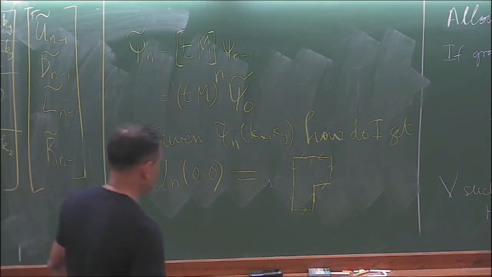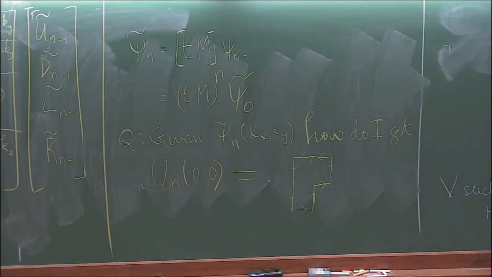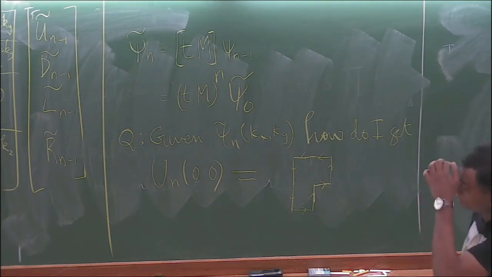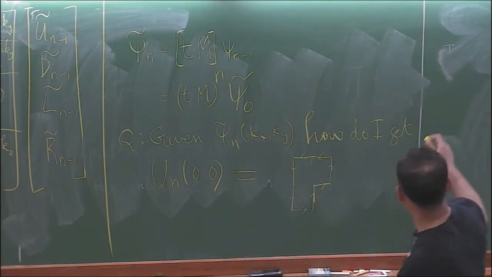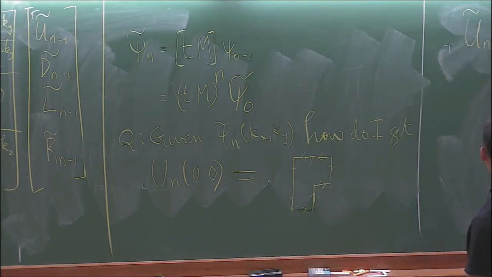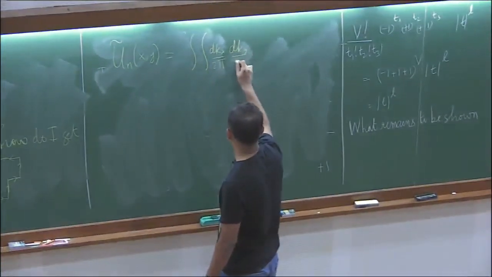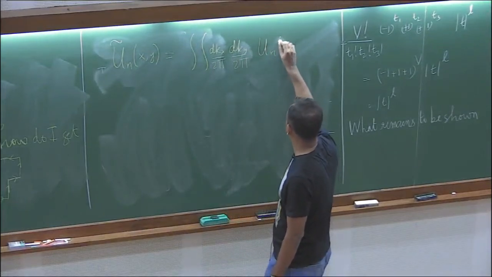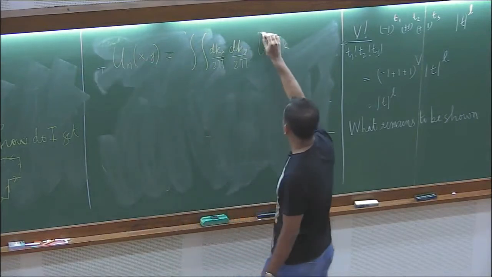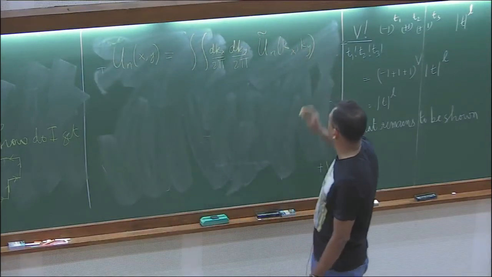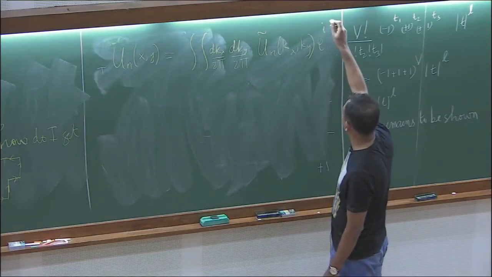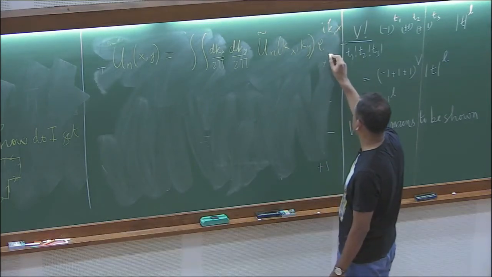So I want to ask, you have un tilde of xy is equal to the integral dkx by 2 pi, dky by 2 pi, there's no tilde here, of kx ky, e to the power I kxx plus I kyy.